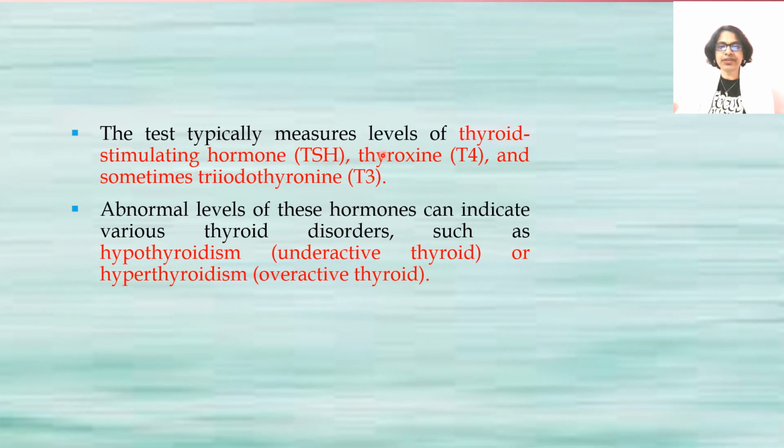The test measures levels of thyroid stimulating hormone, that is TSH, thyroxine T4, and sometimes triiodothyronine, that is T3. Abnormal levels of these hormones can indicate various thyroid disorders such as hypothyroidism and hyperthyroidism.